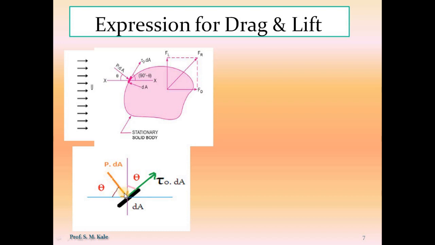First one will be the pressure force, which is nothing but P into dA, that will always act perpendicular to the area dA. And second force is the shear force, that is tau 0 into dA, that will always act tangential to the plane of that small elementary area dA.